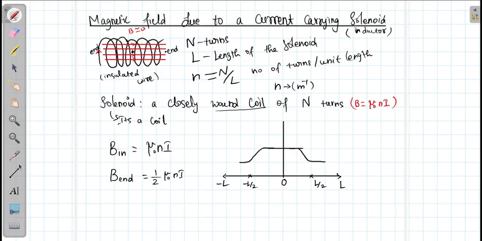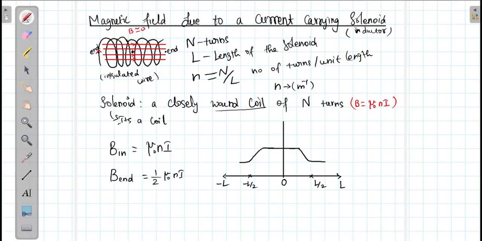So this is the graph of the magnetic field due to a solenoid. Here it is the maximum value, and at the ends it is B by 2.